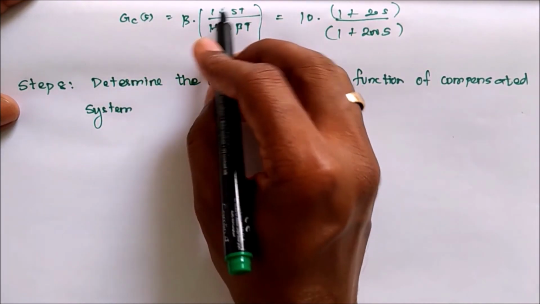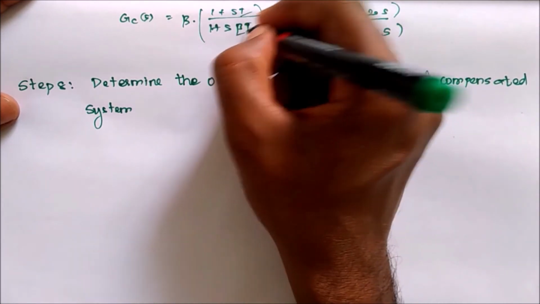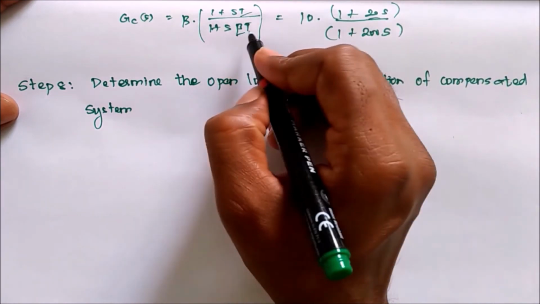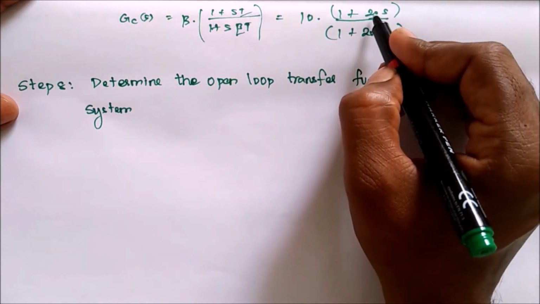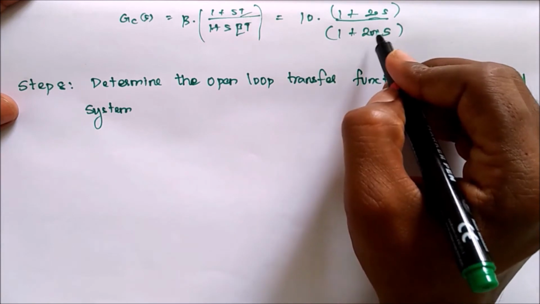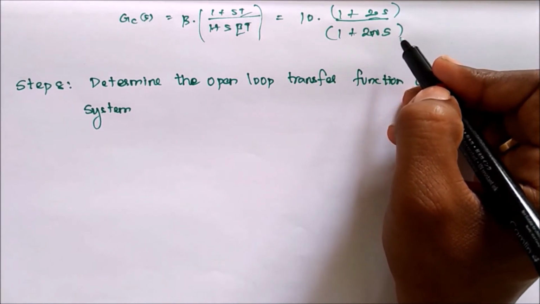The formula is also beta into 1 plus sT divided by 1 plus s beta T. Substituting T equals 20 and beta equals 10, beta T is 200. So we get 10 into 1 plus 20s divided by 1 plus 200s, the transfer function of the lag compensator.